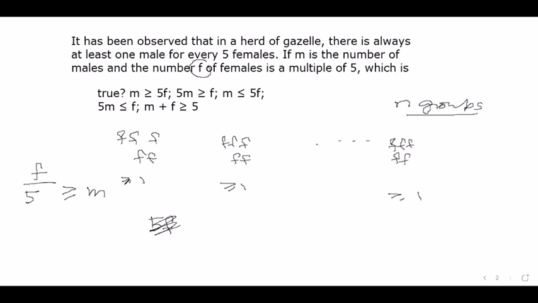Suppose I had only 2 groups. I could have had 2 males here, and say 3 males here. Okay, in which case I've got 10 females and I've got 5 males. So 10 over 5 is the number of groups. That's 2. So that number is going to be less than 5. So you are right. So this is going to be less than M. Sorry about that. So when you try it with a small number, you will see how the inequality works.